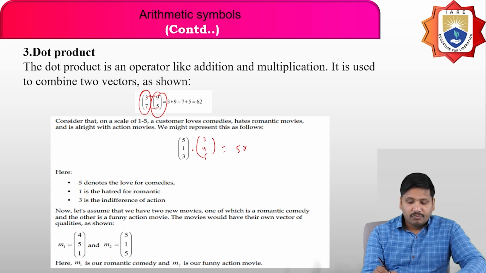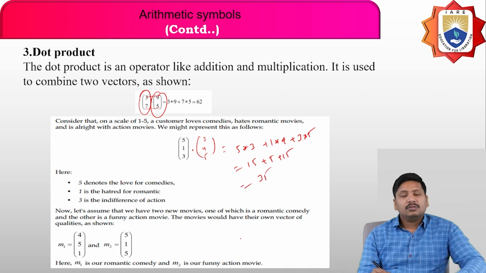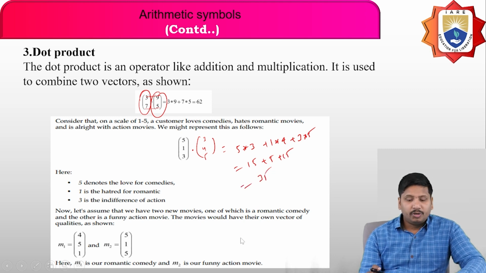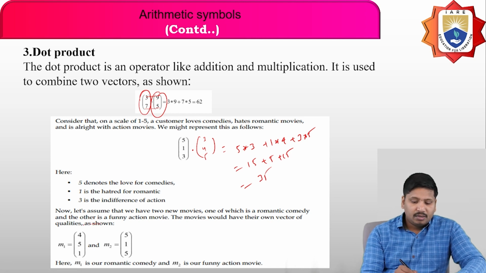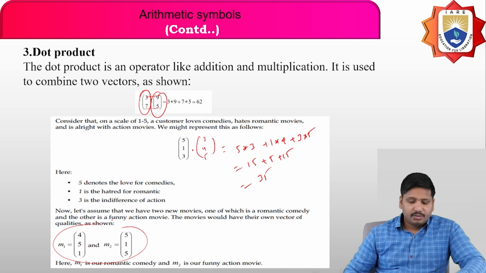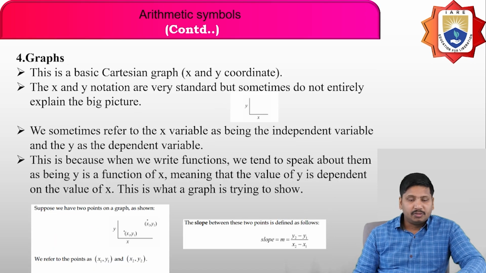So I can write 5 into 3 plus 1 into 4 plus 3 into 4. Like this we can perform the dot product, addition, multiplication as well. See another example: if I have two vectors, this one is going to be multiplied as well.